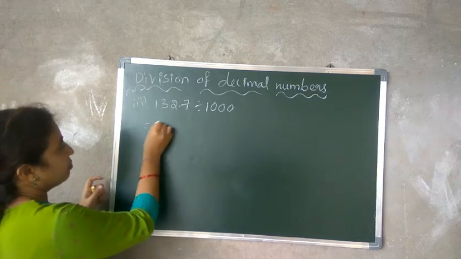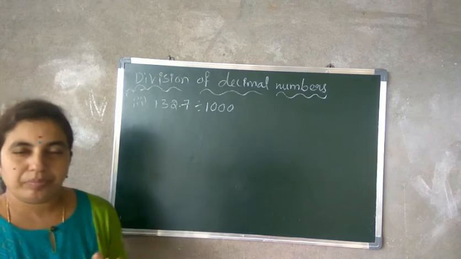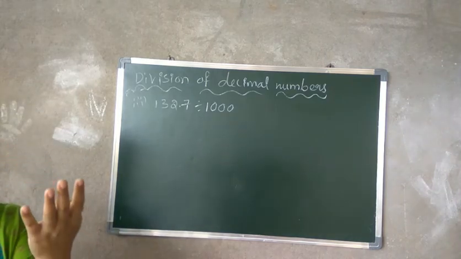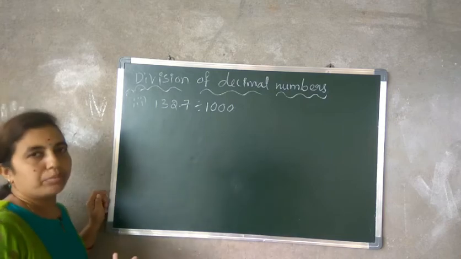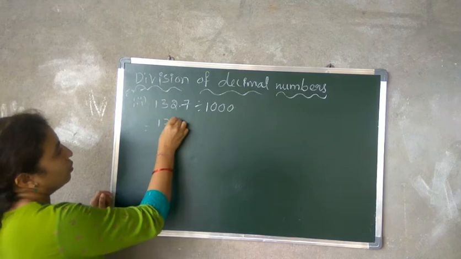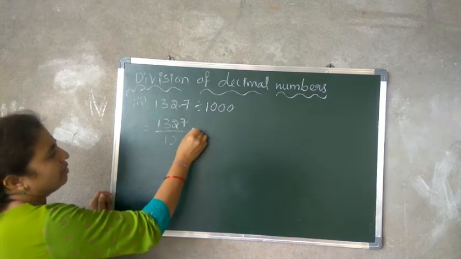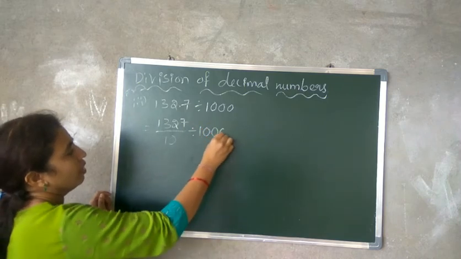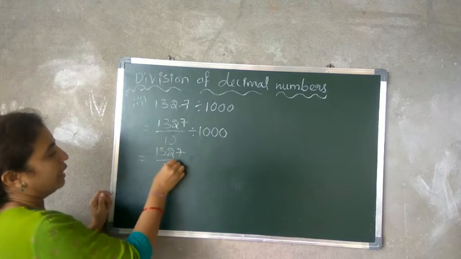See, this also you can write directly for division, or if you are confused, go with the same method. So 1327 by 10, divided by 1000.